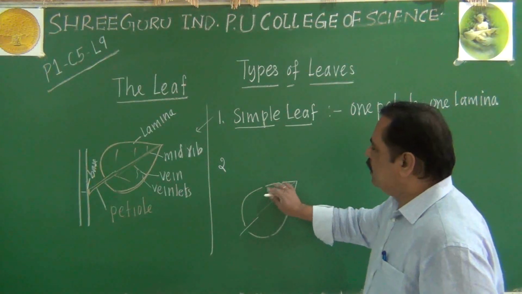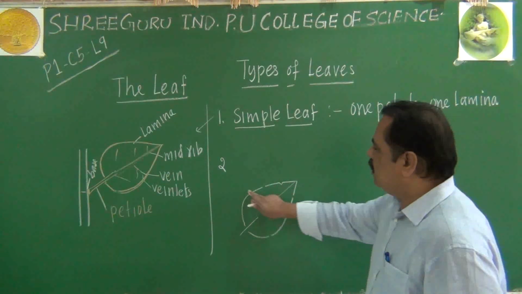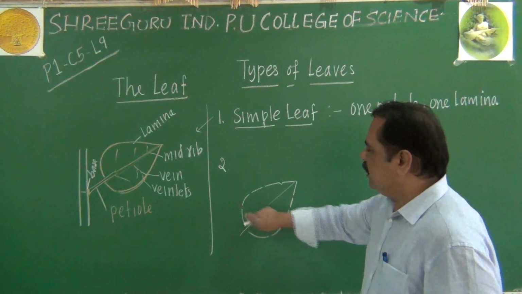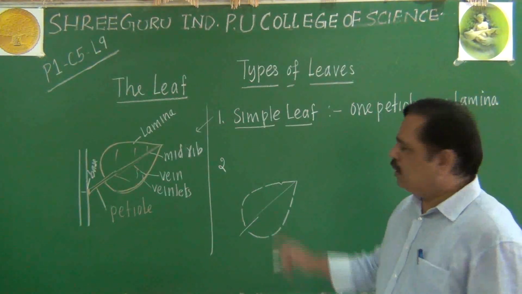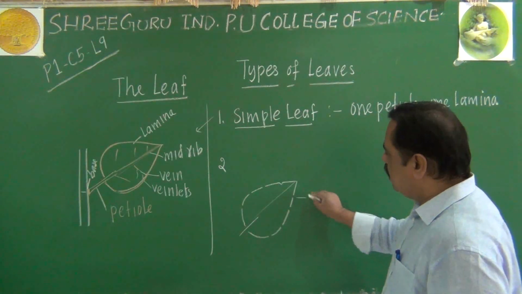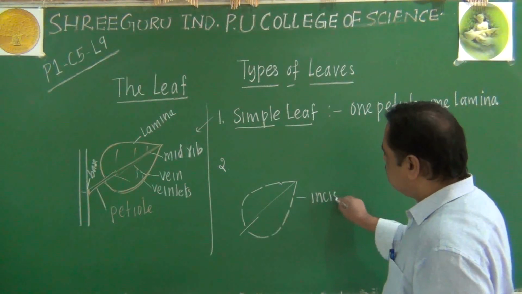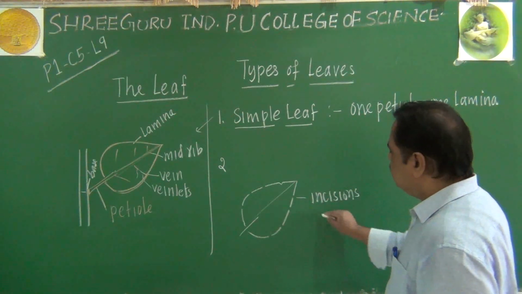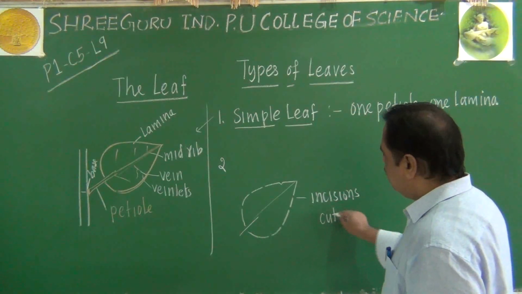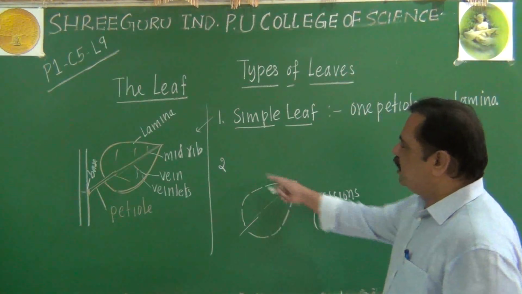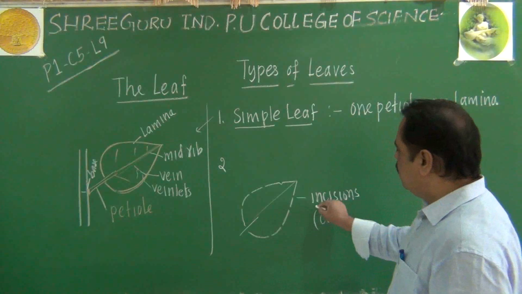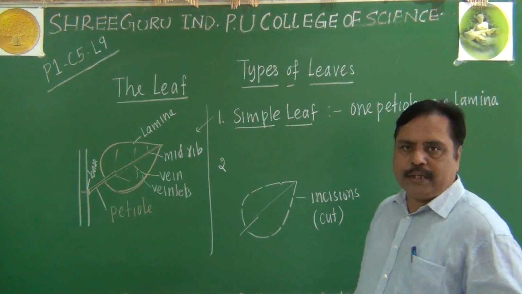They exhibit some cuts here and there over the lamina. These cuts are called incisions. Incision refers to a cut made in the lamina. Do you get my point?